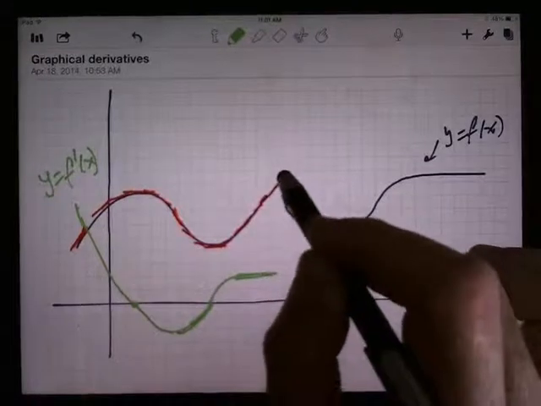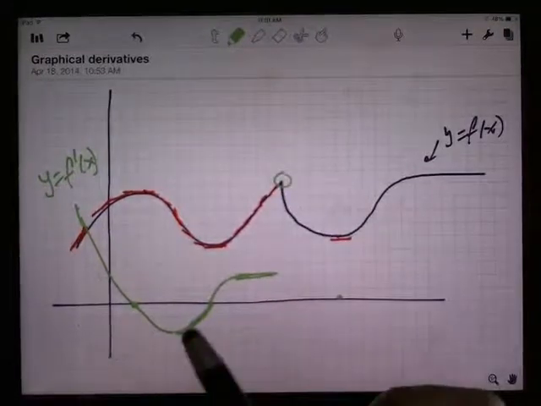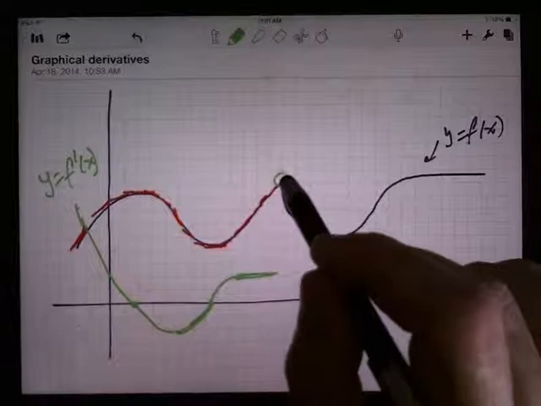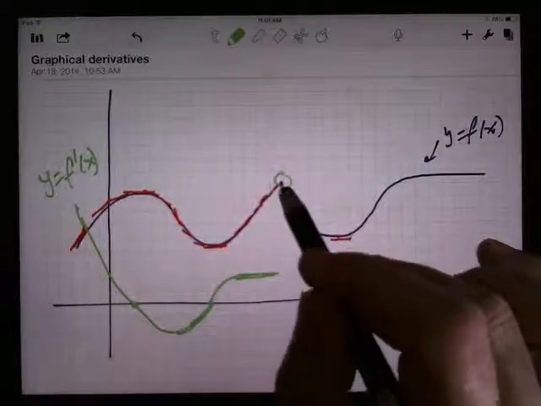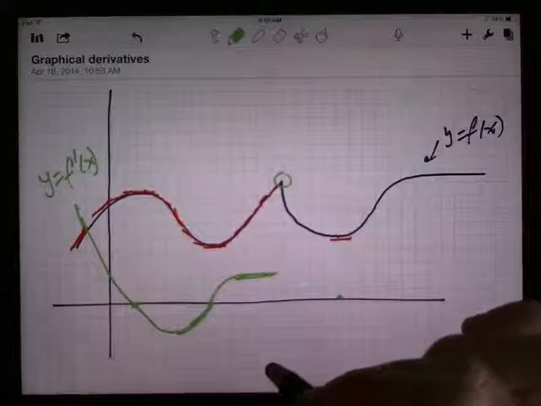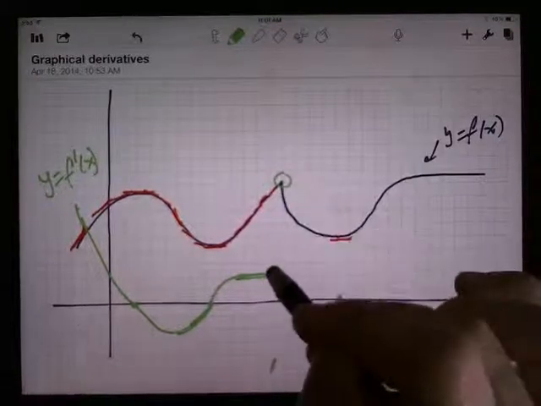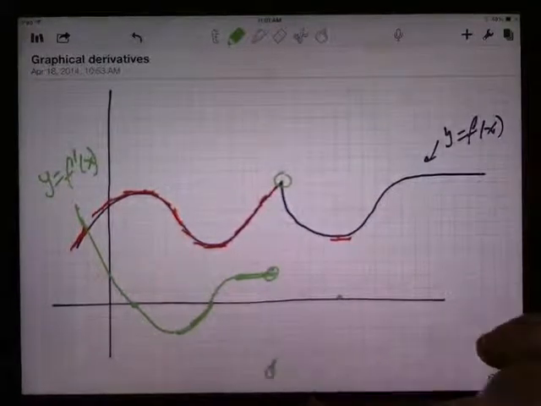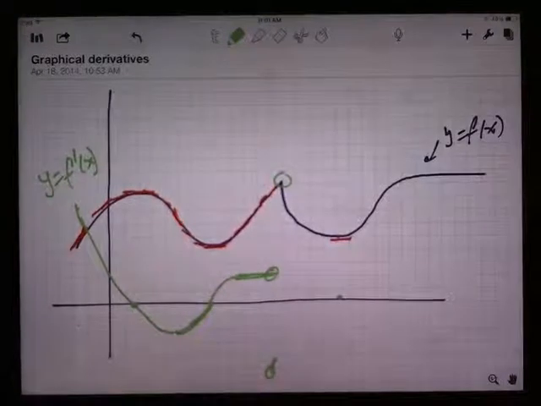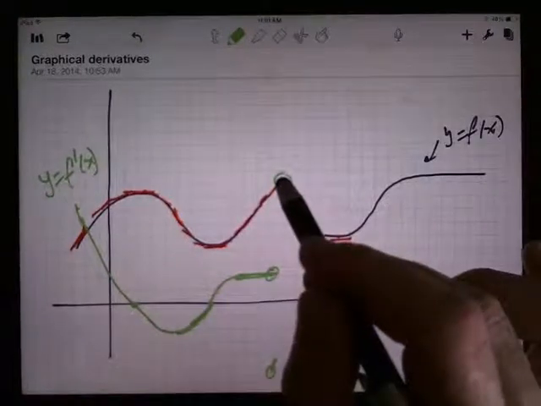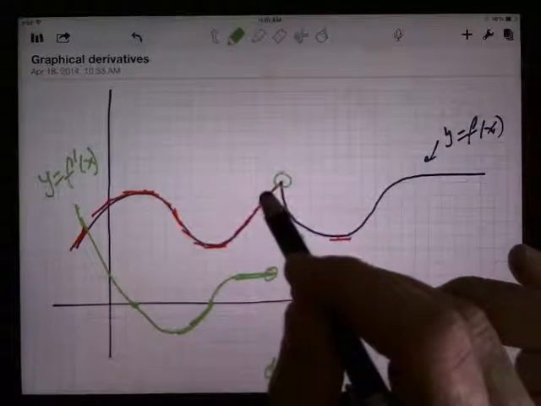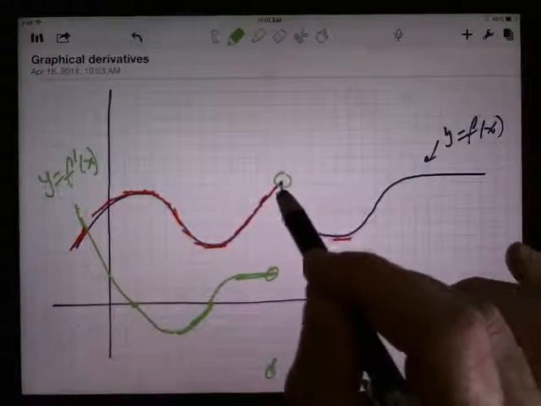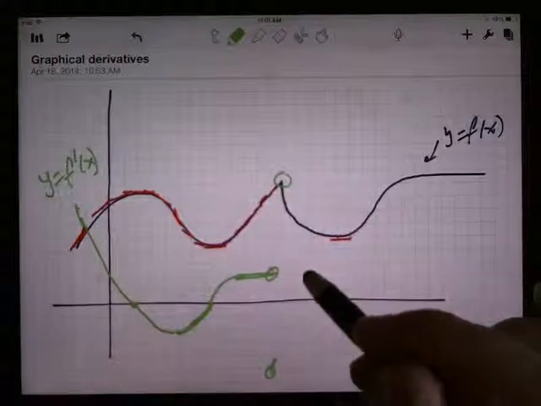Now right here is a sharp corner, and we haven't talked about sharp corners yet. At that spot right there, we've got a positive slope on one side and this really big negative slope on the other side. And what happens is at that point, the derivative does not exist. If I try looking at slopes of secant lines from the left side, or from the right side, they'd be doing two different things.